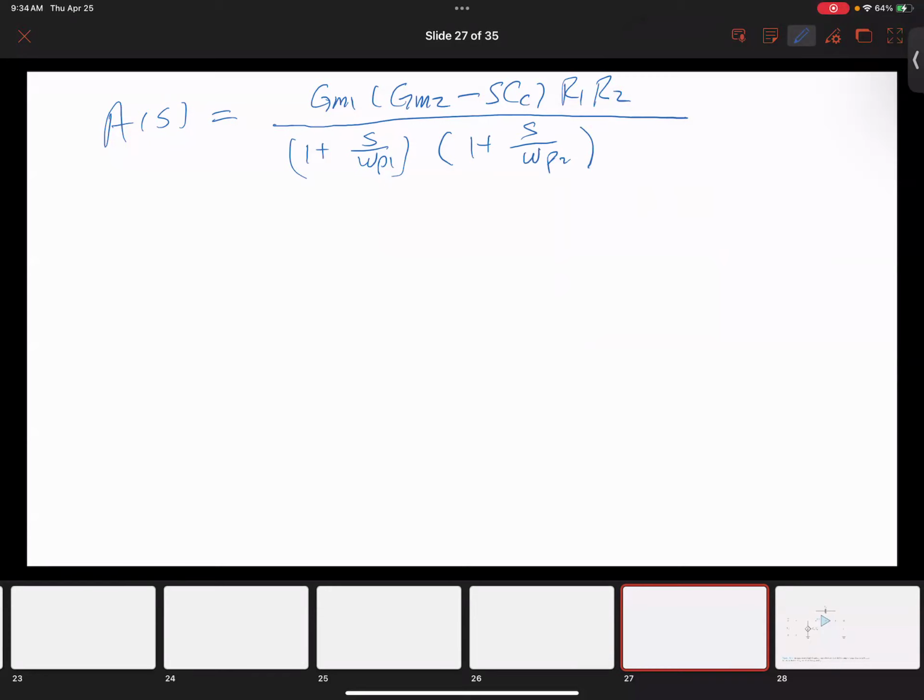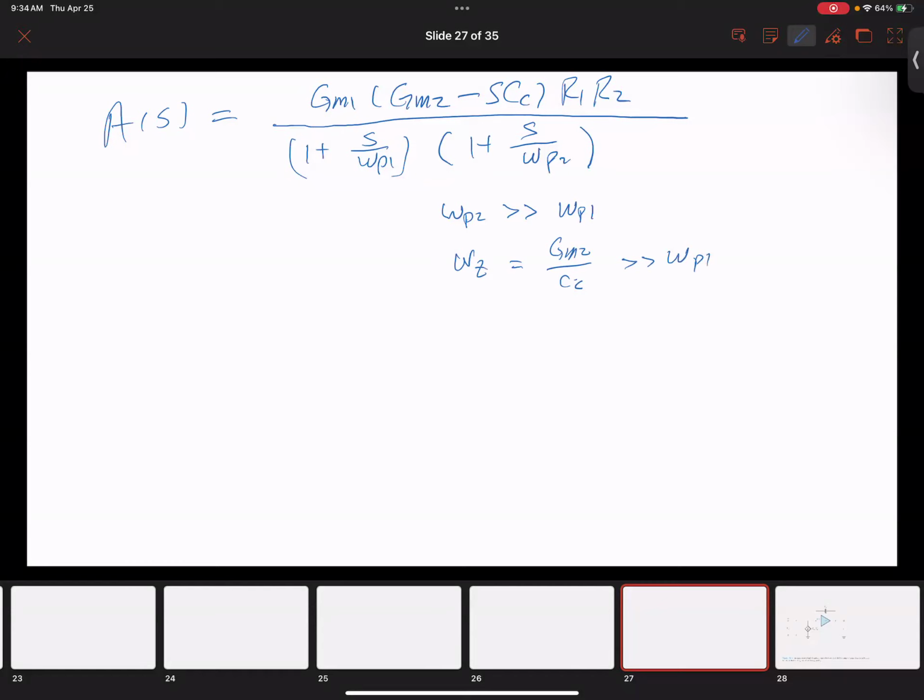Now with this transfer function, what we can conclude is that WP2, as we know, is much larger than WP1. And in fact, the zero we got earlier, WZ equal to GM2 over CC, is also going to be much larger than WP1.